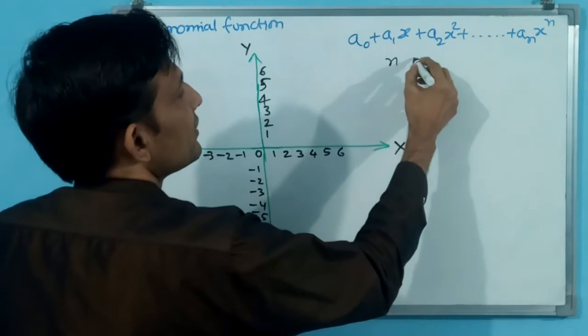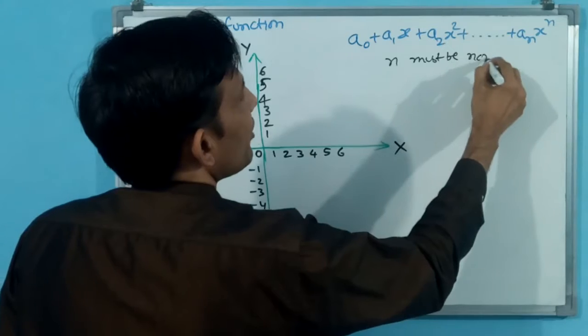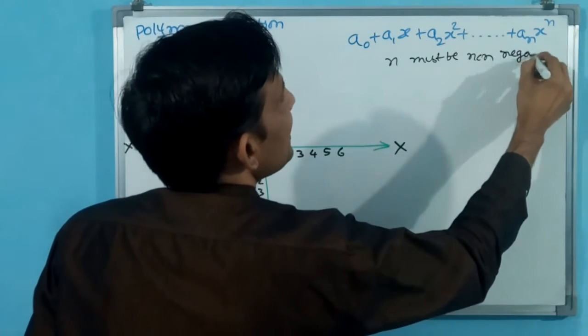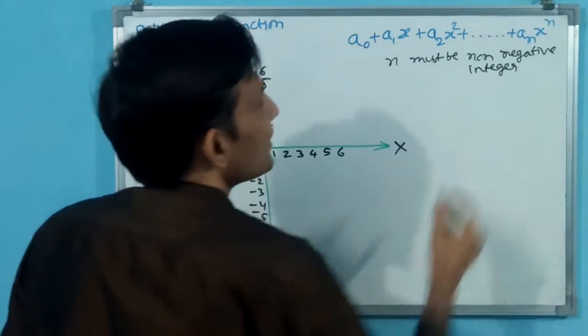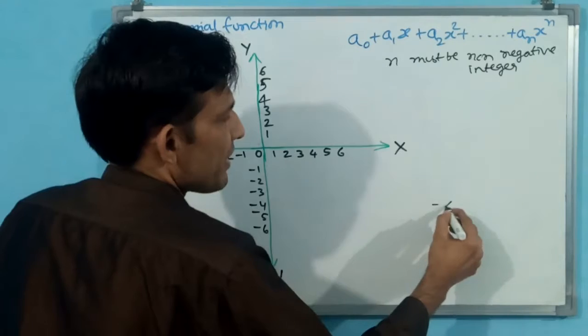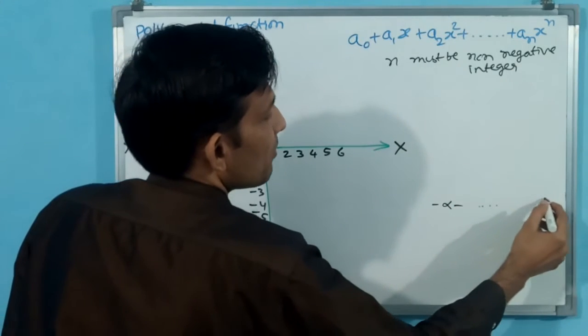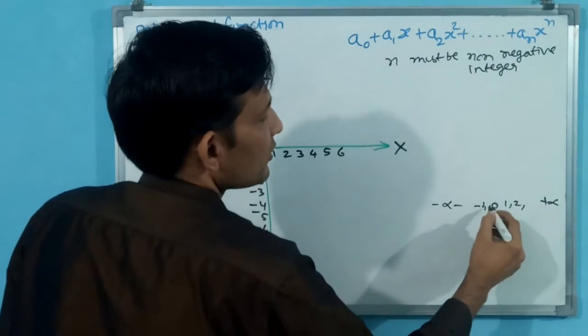Now you understand there are some conditions. n must be a non-negative integer. Non-negative integer means what? Integers you know go from -infinity to +infinity: 0 will be there, positive will be there, negative also will be there.